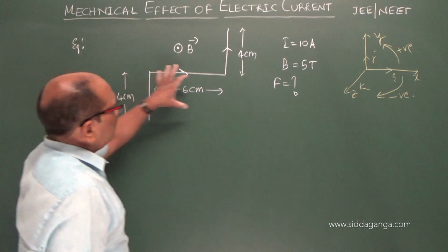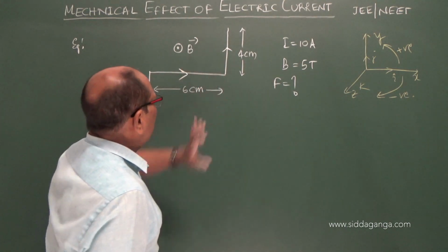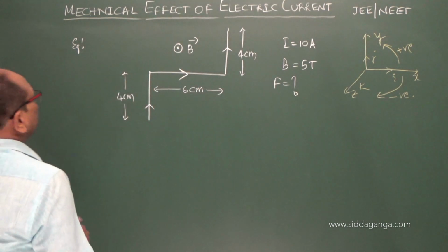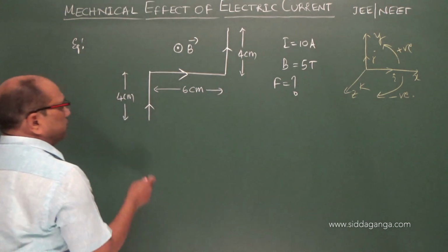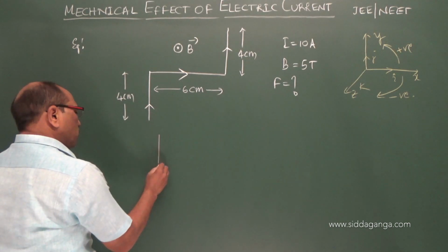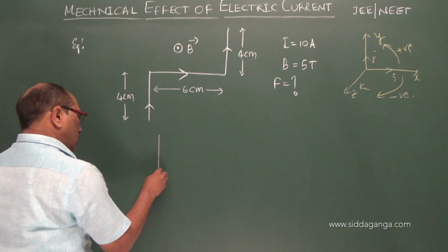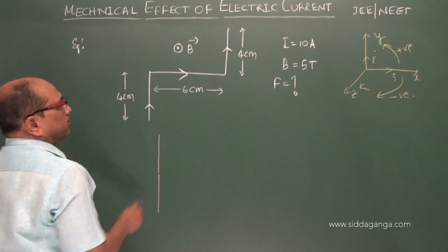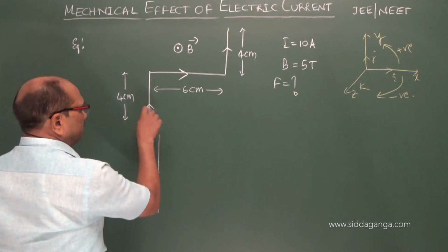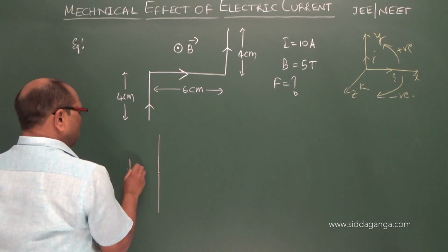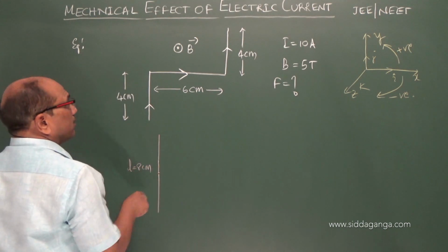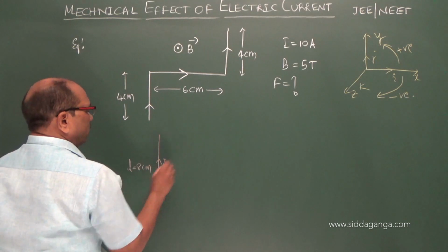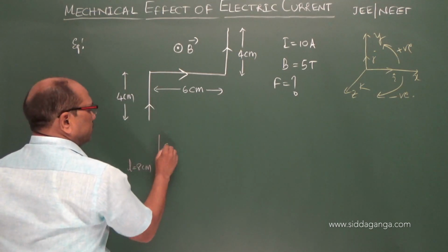Now these two I can merge into one. In the equivalent arrangement I show here, this is 4 centimeter and another 4 centimeter, together an 8 centimeter wire. The length becomes 8 centimeter, current in both is upward, and the magnetic field is out of the board.